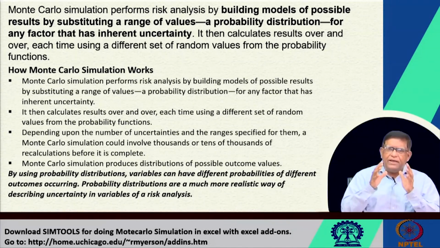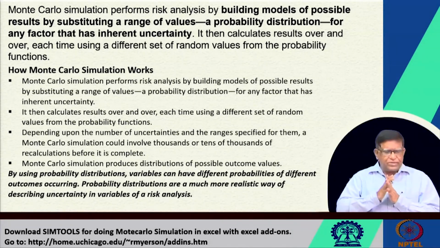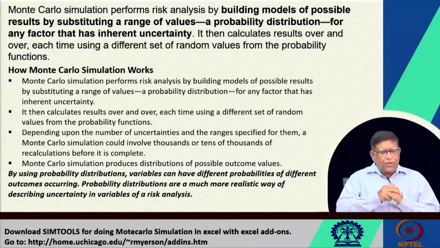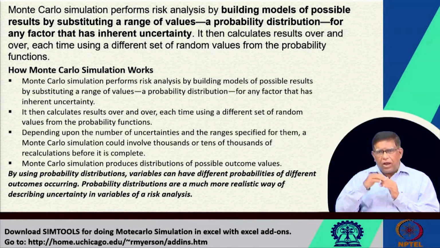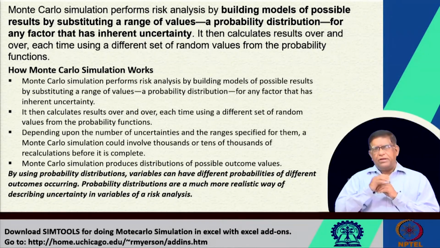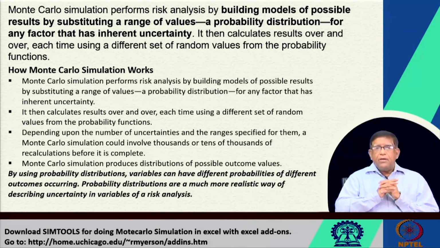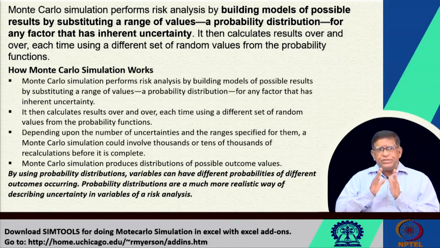That is what a Monte Carlo simulation is in a nutshell. From the probability distribution it gives, you will find how the different outcomes occur, and you get a very realistic way of describing the uncertainty of the variable.